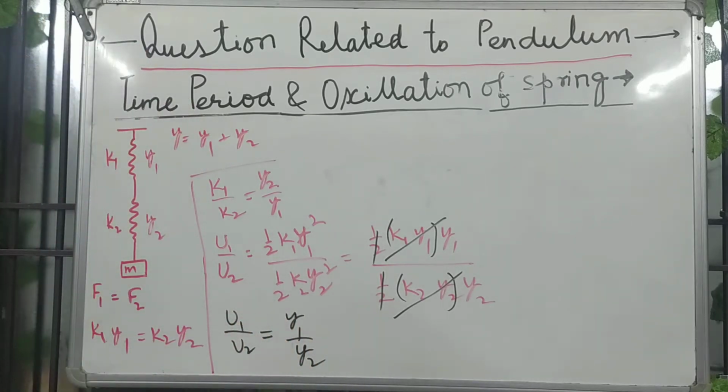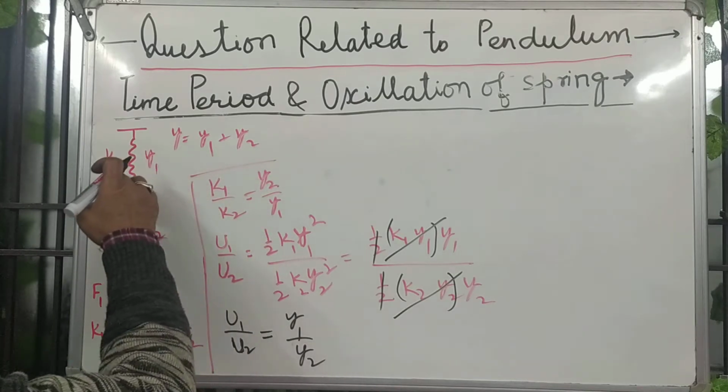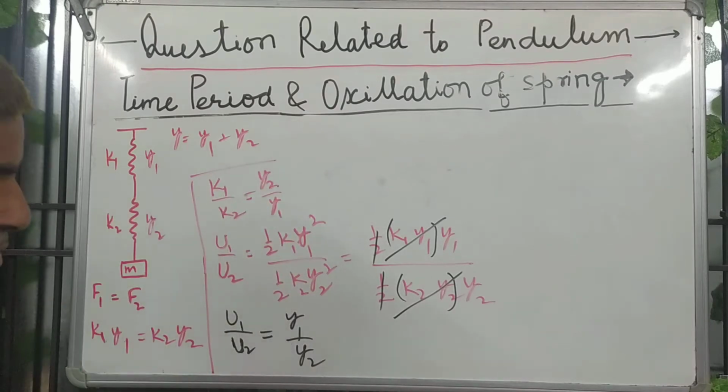These are the relations to find energy. The energy stored in a spring is proportional to displacement, and the spring constant is inversely proportional to displacement. This is one of the cases.